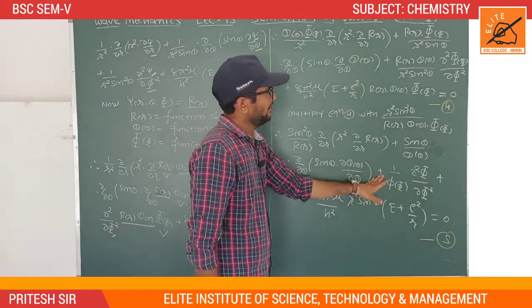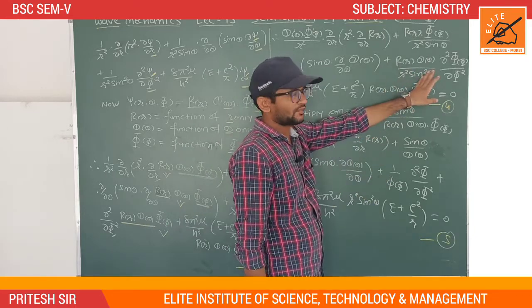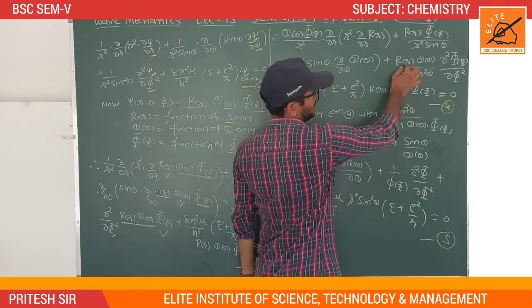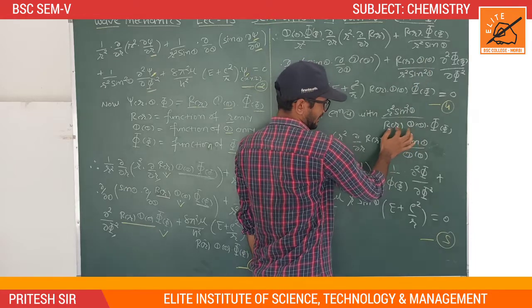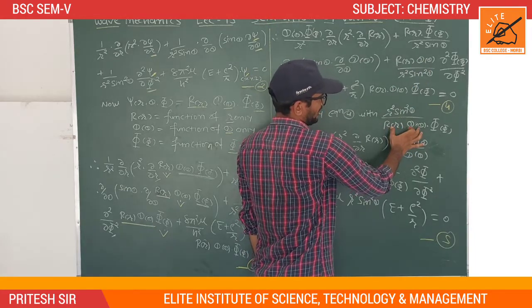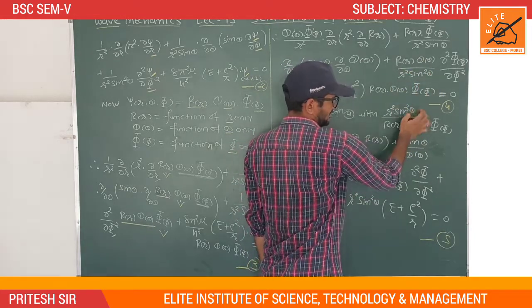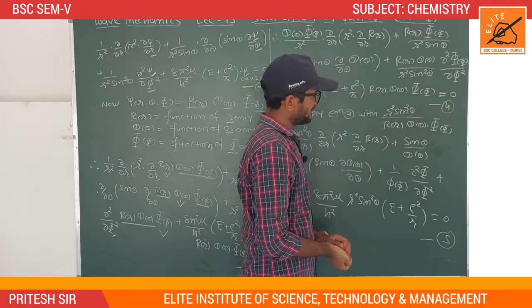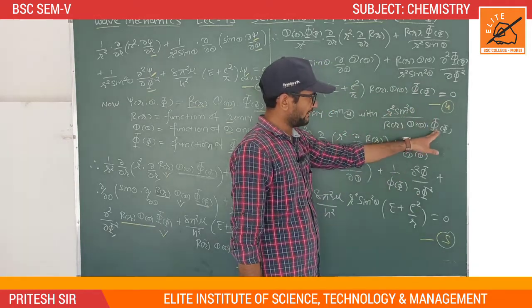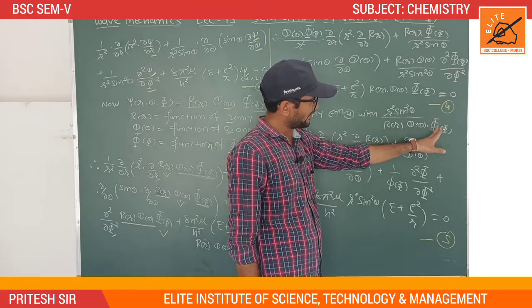Plus in the last term, r of r and theta both cancel out, and r square sin theta both cancel out. So the remaining term is 1 upon phi of phi.